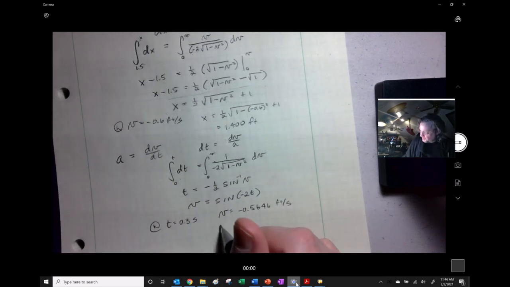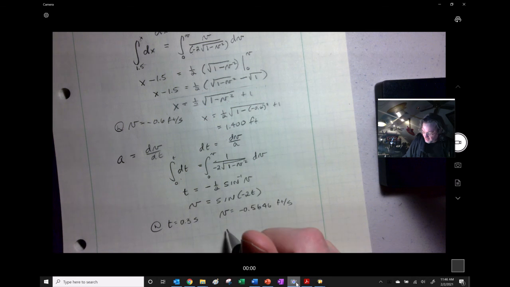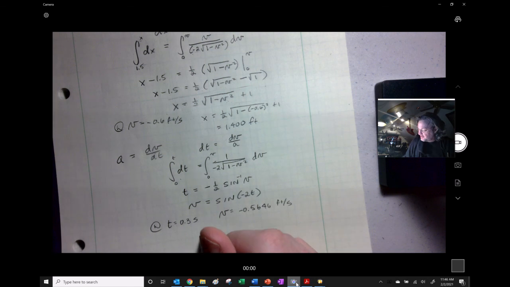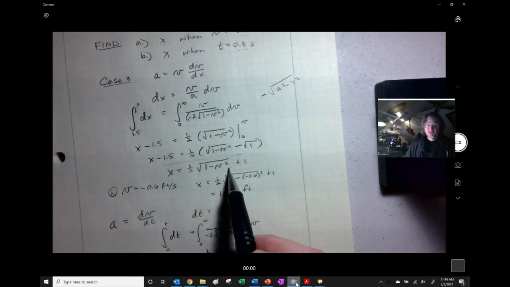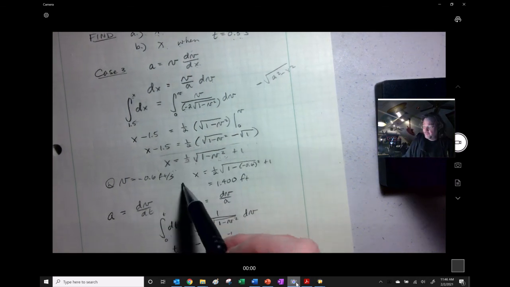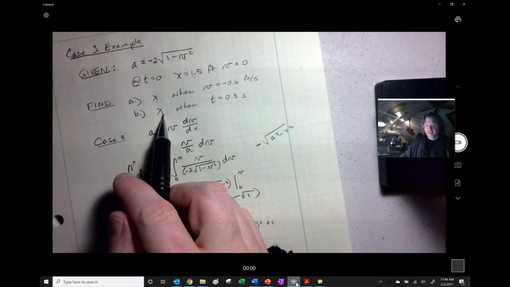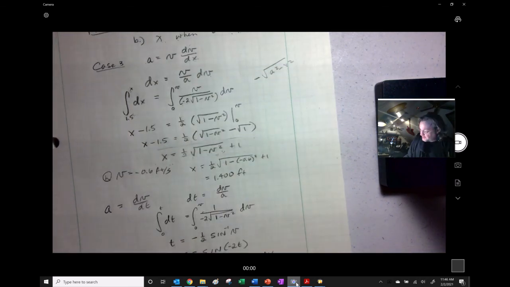Now, is that what we're asking? No, we want to find the position. That's the velocity. So we plug that velocity back into here and then find the position, because that's what we're being asked for.